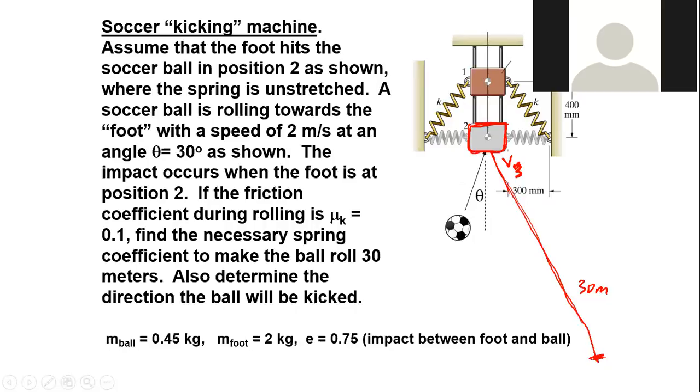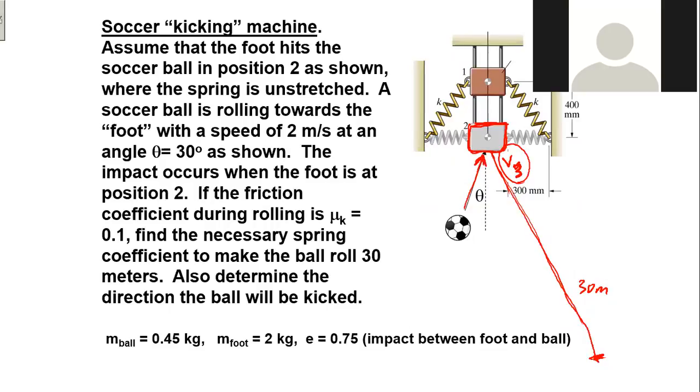Is that okay? Yeah. So you know this V3 after the impact, right? And then in these E and impulse momentum equations, you're going to end up having a couple more that you don't know. So you're going to have this incoming. You know what the incoming ball part is, right? So you know what that is. Okay.